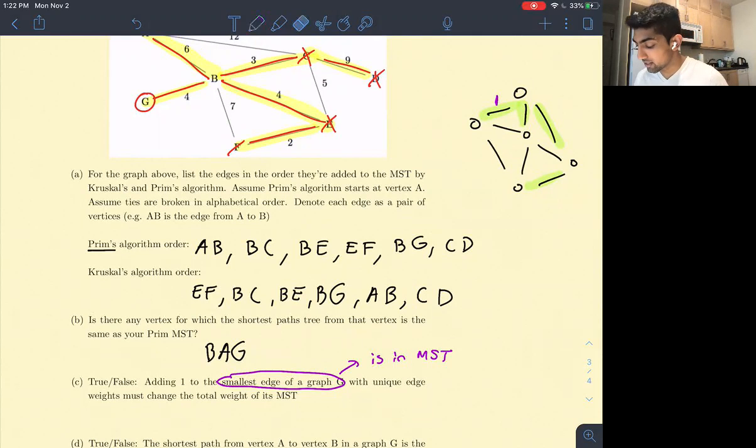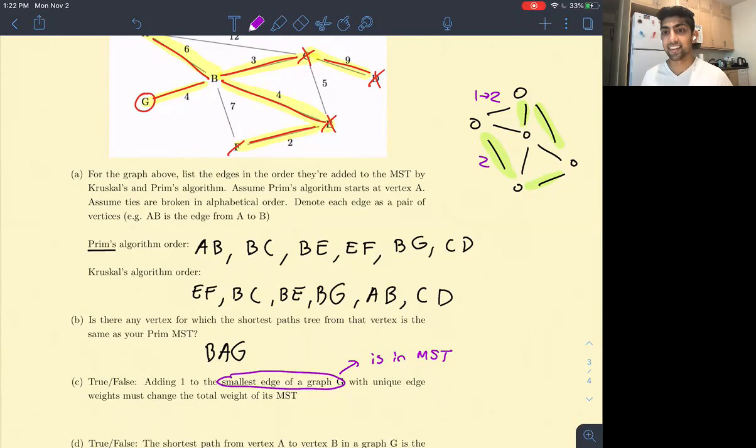So if we increase its weight, the weight of the MST must also increase, right? And what's important is that increasing its weight, it may not necessarily be in the MST anymore if there's another edge with weight 2 here, right? Because now a valid MST is selecting this edge after we've increased this guy from 1 to 2, right?